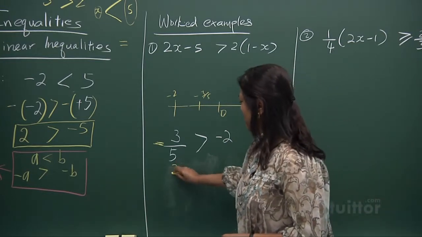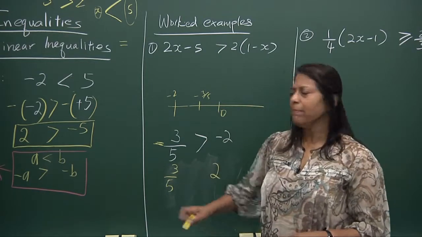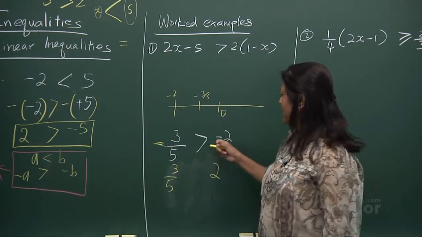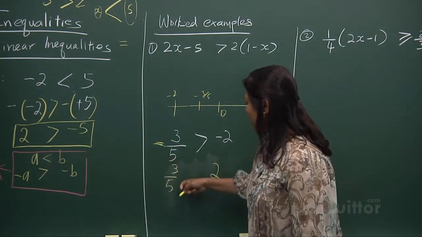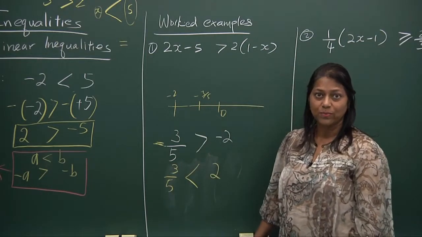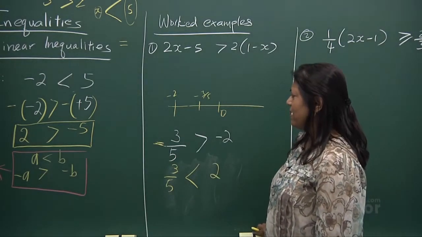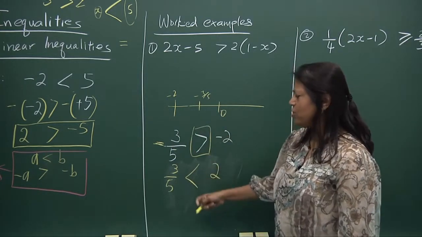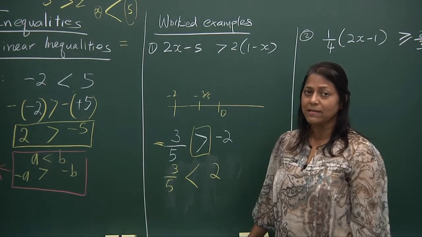So this becomes a 3/5 and this becomes a 2. Minus times minus is a plus. Now 3/5 is smaller than 2. Got it? Good. So what I'm saying is that the greater sign will change to a smaller sign when you multiply with a minus.